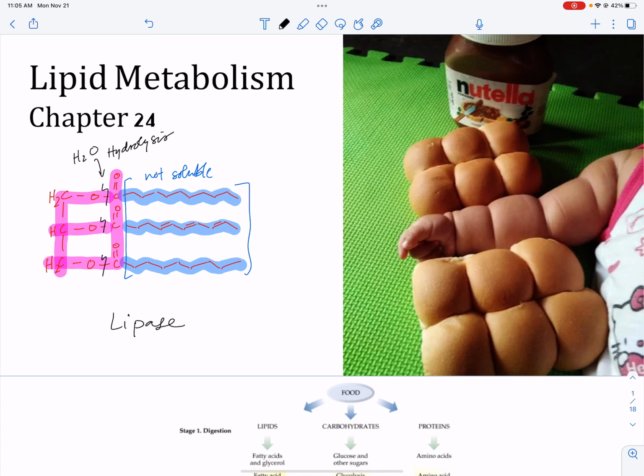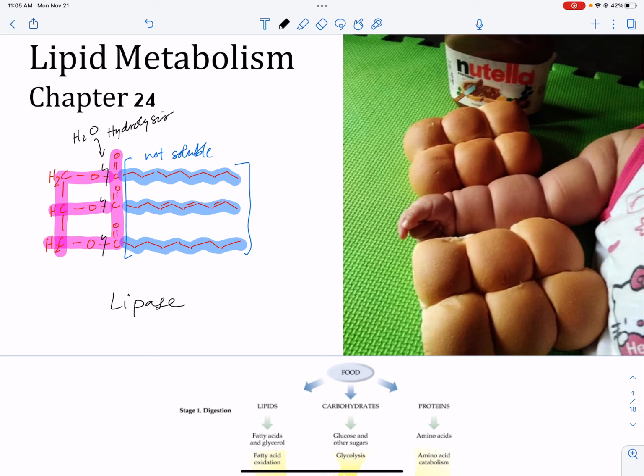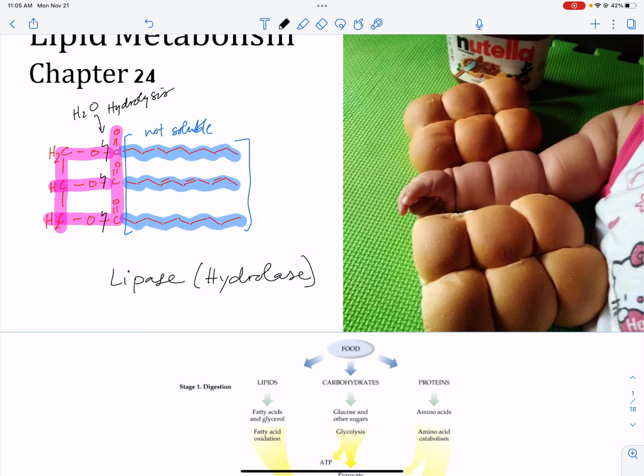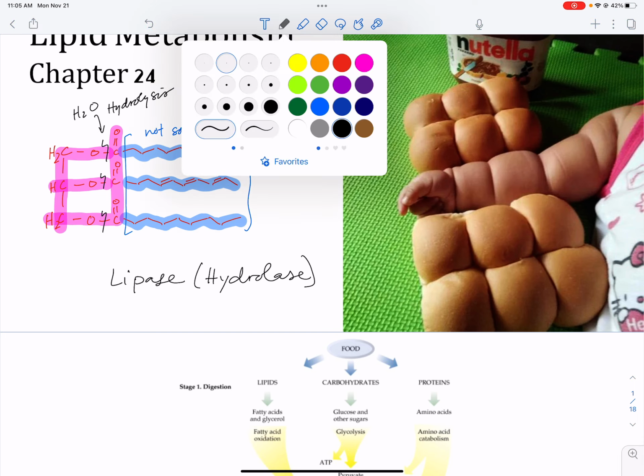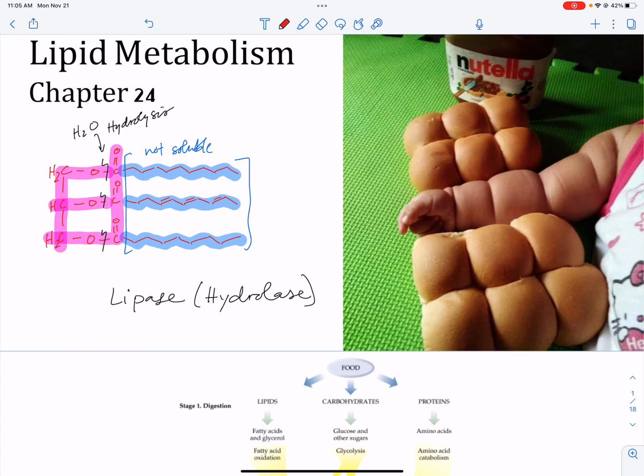So you might hear that language in the textbook and in this chapter. This is a type of hydrolase, as it's performing a hydrolysis reaction, breaking apart glycerol, and you get the fatty acids as well, 3 of them. So just keep this in mind as we talk about the digestion and the metabolism of lipids.